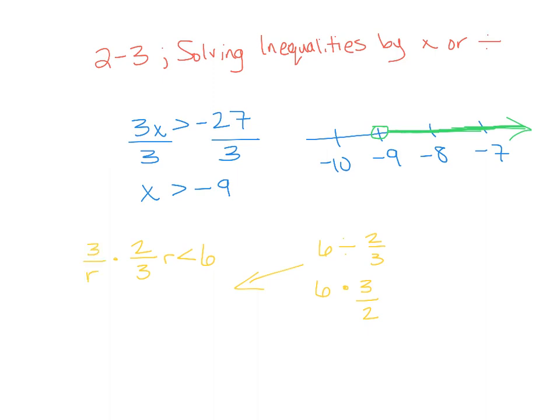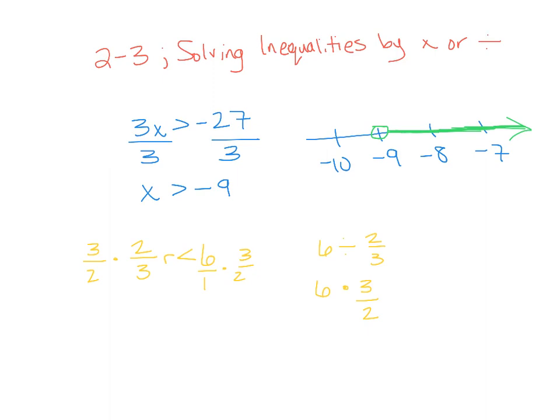Oops, I put an r because I said reciprocal. Then you can multiply 6 over 1 times 3 over 2. Same thing, so you can do it either way. You can either show what I showed on the right or do it like I just did.